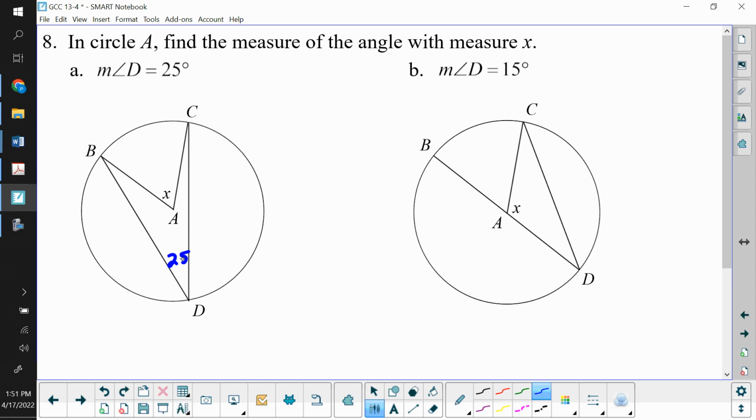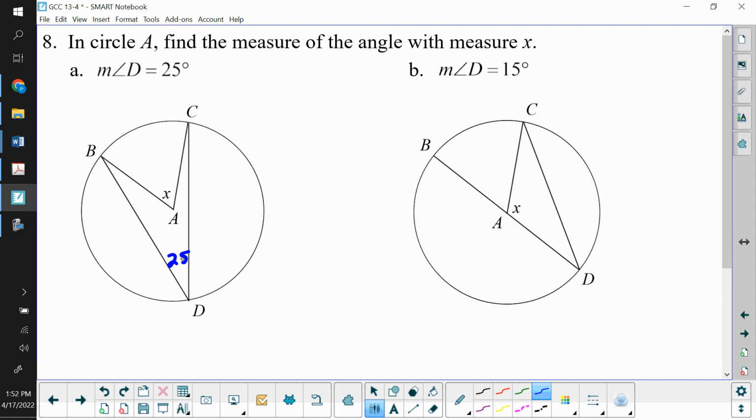Now notice in both these, we have circle A, which implies that A is the center of our circle. So to find x in letter A, that's a central angle, meaning if we can figure out the arc BC, then our central angle will be the same as that arc. So that's kind of our goal. Well, they gave us angle D, which we want to recognize its vertex is on the circle, meaning it is inscribed.